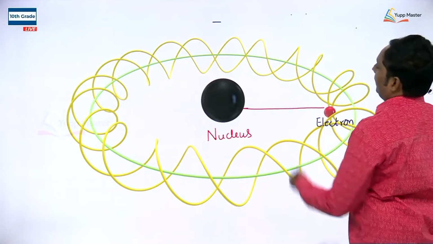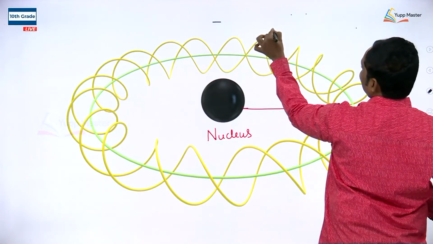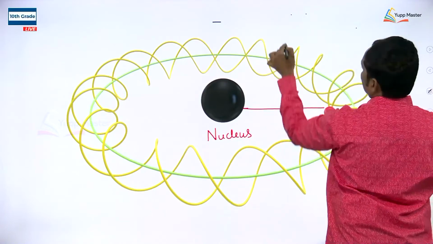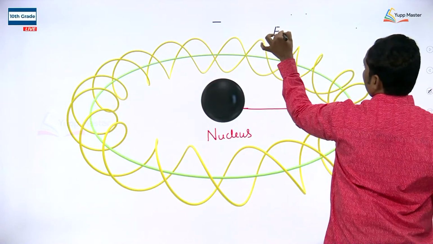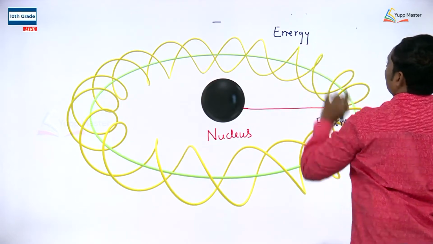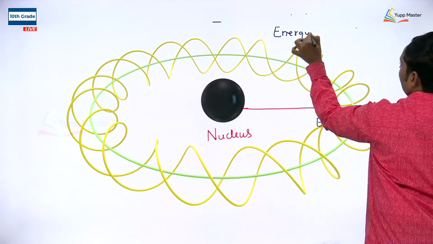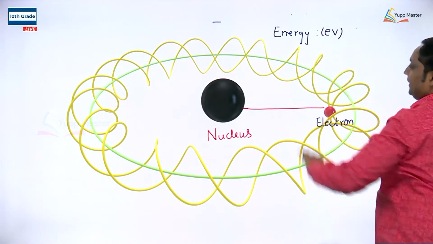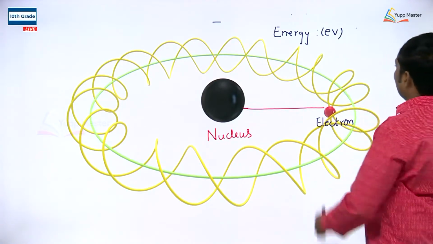You can take the energy in electron volts; it is expressed in eV, electron volts.